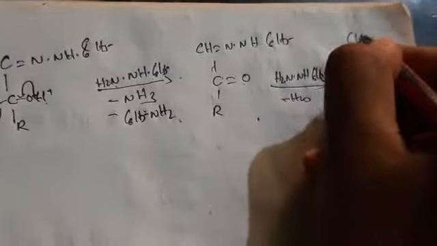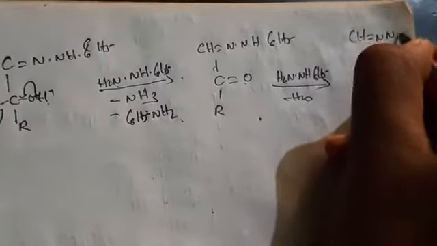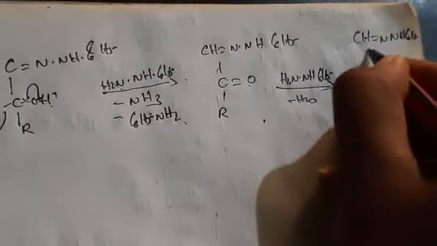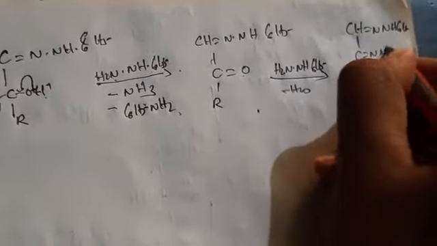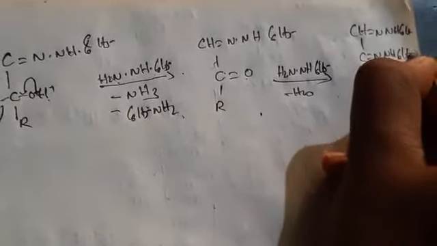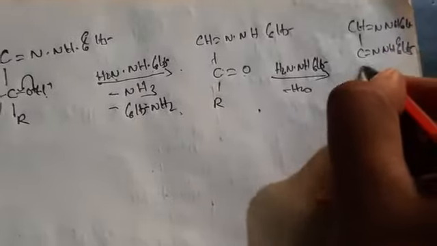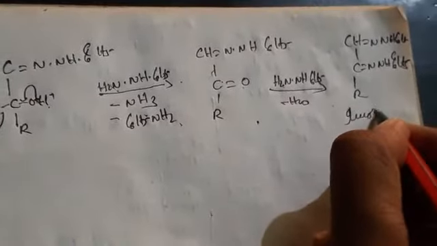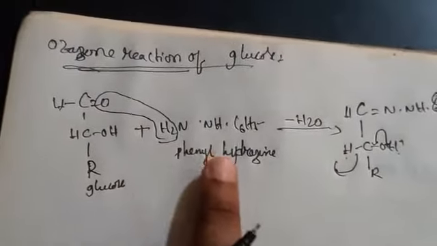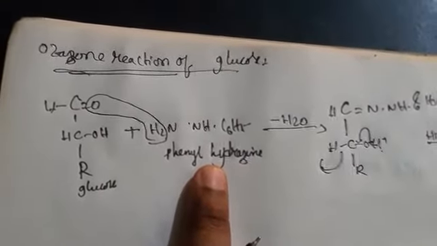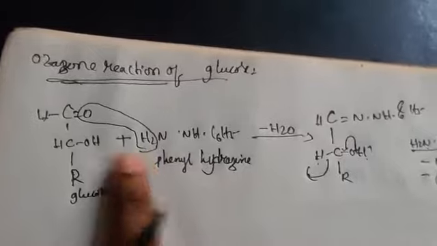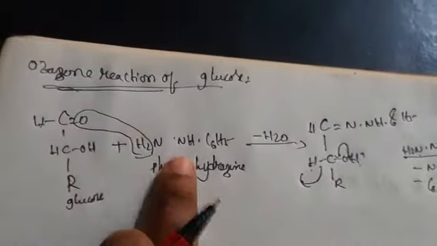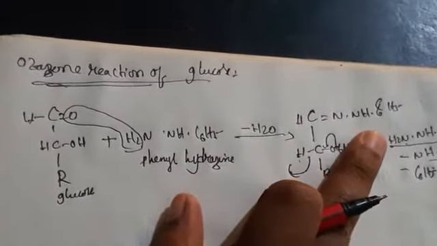So again you are getting CH double bond N NH C6H5, C double bond N NH C6H5, R. So what is this? The glucosazone reaction you are getting. See here, glucose we are taking, 1 mole of phenyl hydrazine I have added here. So here a H2O molecule is lost and double bond NNHC6H5 came here.